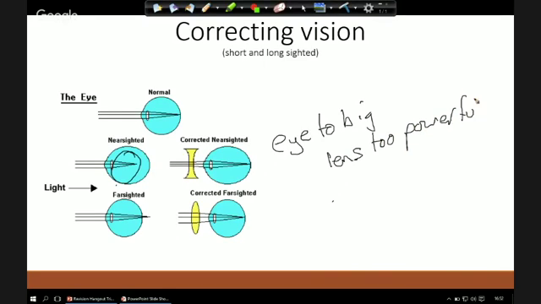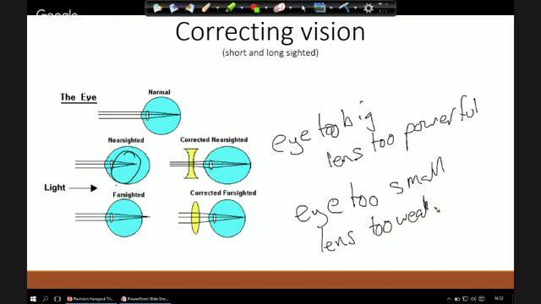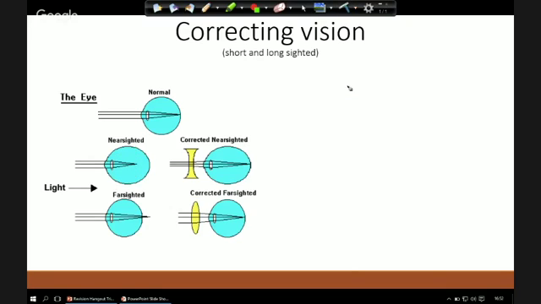So I've got a super powerful lens. If you are long-sighted, your eye is too small, which again sounds pretty insulting, or your lens is too weak. Okay, so that's how we could describe what causes those conditions.